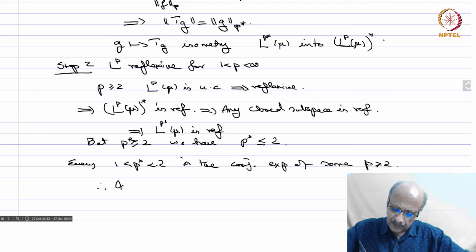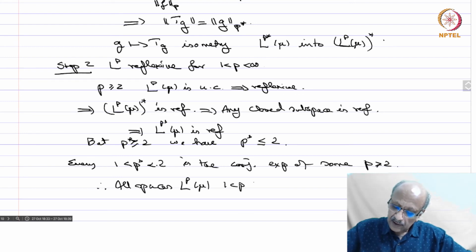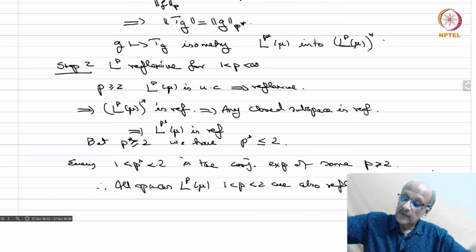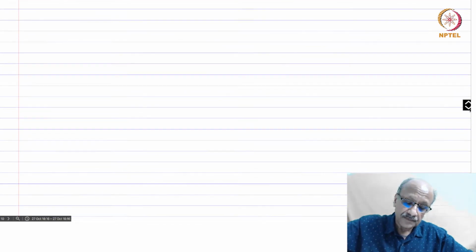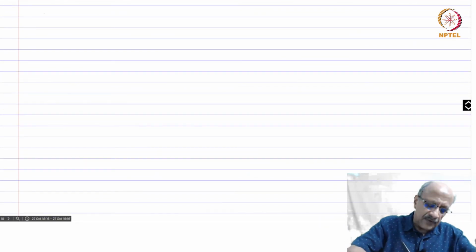Therefore, all spaces Lp(mu) with 1 < p < 2 are also reflexive. Okay, so this way we have proved the reflexivity of all the Lp spaces. Now step 3.